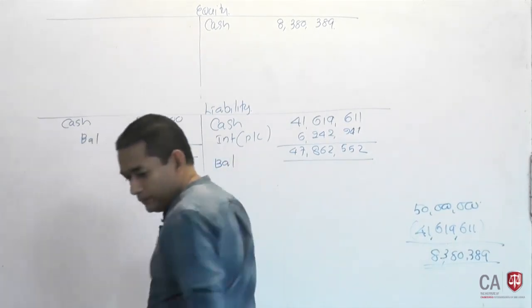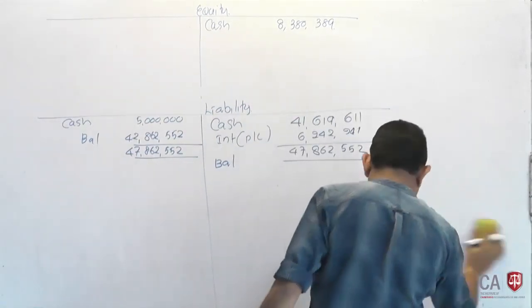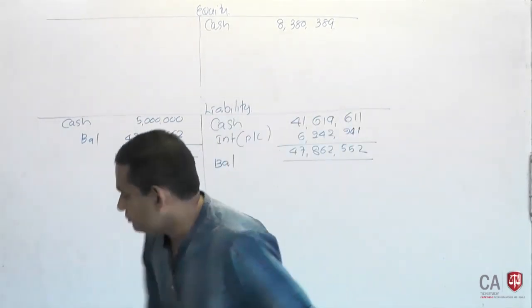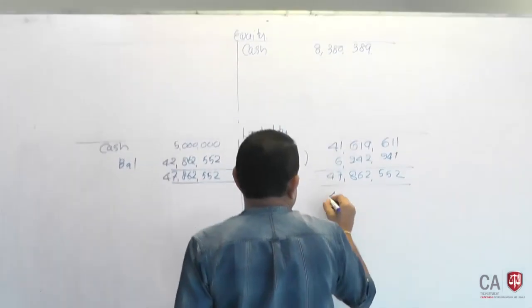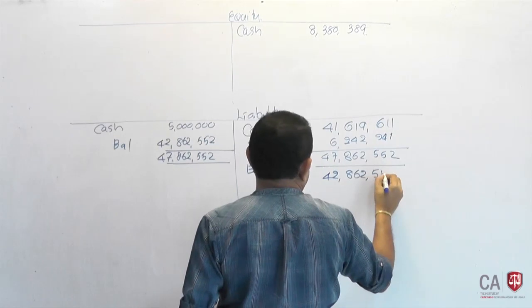Balance at the end of the second year, 42,862,552.